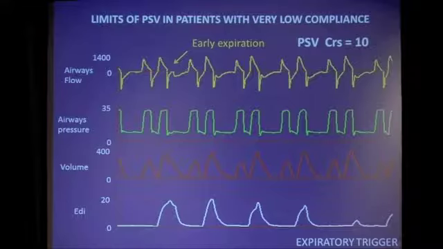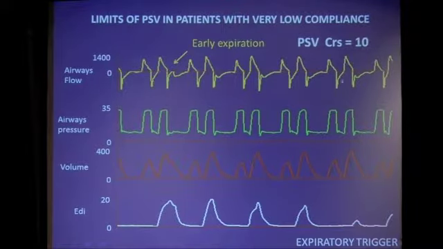So we reasoned actually that NAVA could be an advantage in those patients with a lower compliance. Why? Well, this is what my friend Paolo would call a representative patient. And you see, this is a patient that has a so-called double triggering.